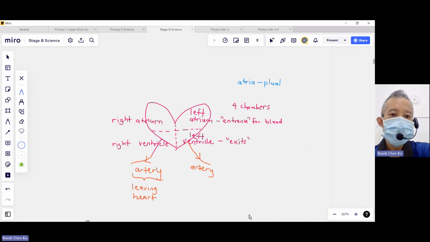From the top, atrium means the blood enters, so you have a major vessel entering from the top. By definition, these are veins. The word vein simply means returning to the heart.